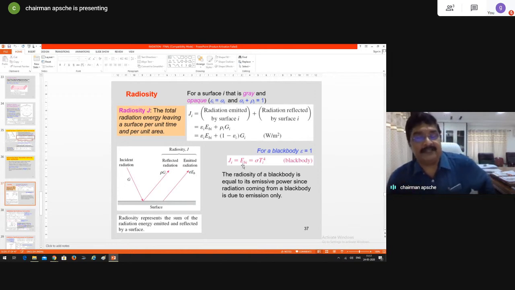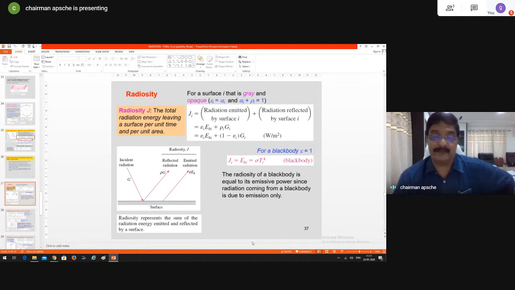Depending on the surface, if it is a black one, everything of the incoming radiation is absorbed. If it is a real one, some part of it is reflected. What is reflected? Rho G is reflected, and in addition to that, emission is taking place from any surface, be it a black body or a real surface. So radiosity is the sum of the reflected component and the emitted component. For a black body, of course, it is E_B of that surface.